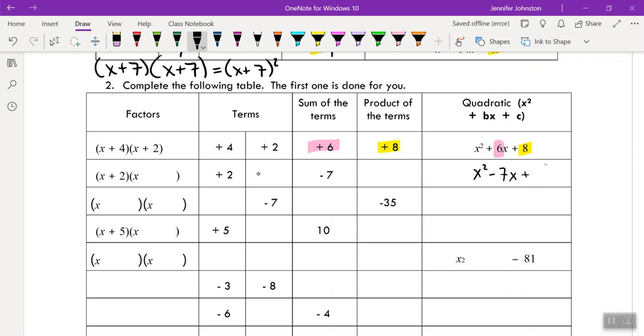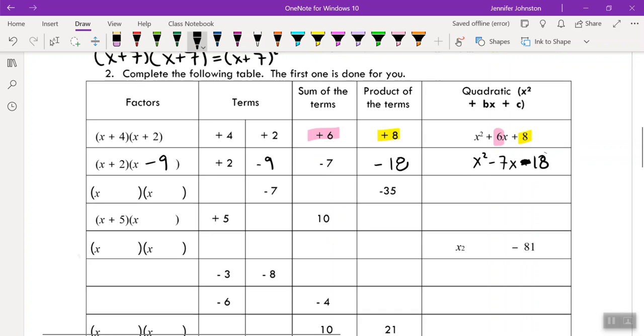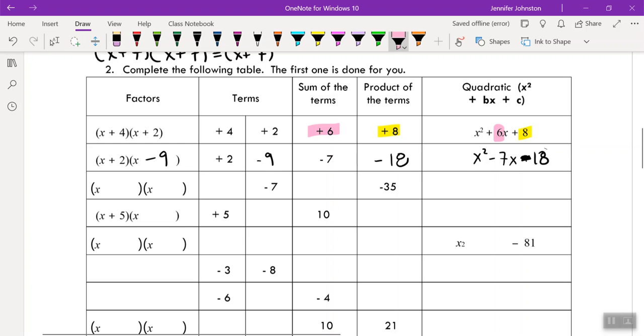No, that's 7. 2 plus what does it have to be? It has to be a negative, right? Negative 9. So that's a minus 9. And when we multiply those together, we get negative 18. So this is actually minus 18. That's our middle number and that's our last number.